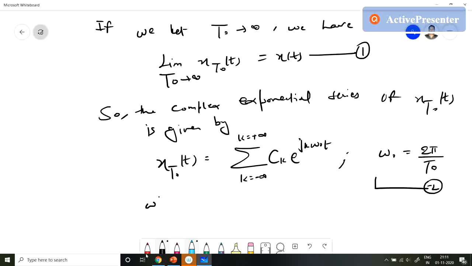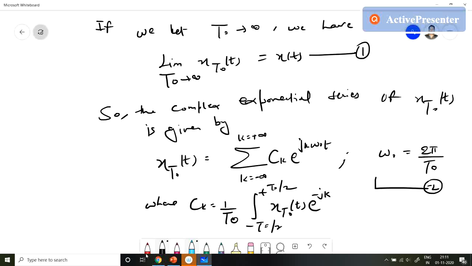And ck is the complex Fourier series coefficient, which equals the integral from minus T naught by 2 to plus T naught by 2 of x_T0(t) e raised to the power minus jk omega naught t dt. This is equation number 3.